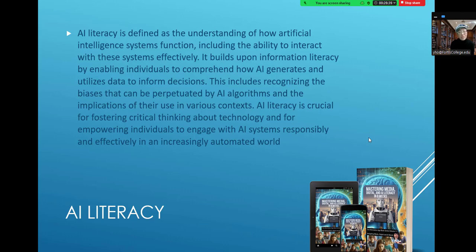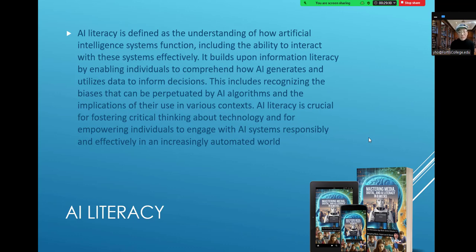You don't just put in your prompt and expect to have your exact output. A lot of times you have to modify your prompt until you get the output that you want, and that's what's known as prompt engineering. So knowing how to write your prompts to get the output that you desire is part of AI literacy. That's the ability to interact with these systems.